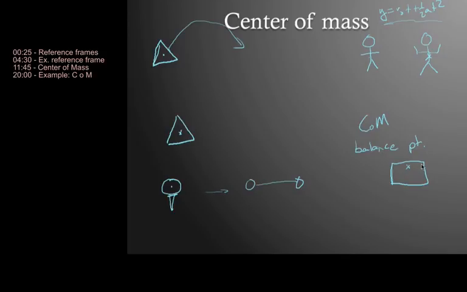But this is a balance point for all directions of the thing. If you really wanted to balance this picture frame, you need to balance it this way and this way. The center of mass will be the very center of this picture frame. You could turn it any direction and the picture frame will be just happy sitting there.